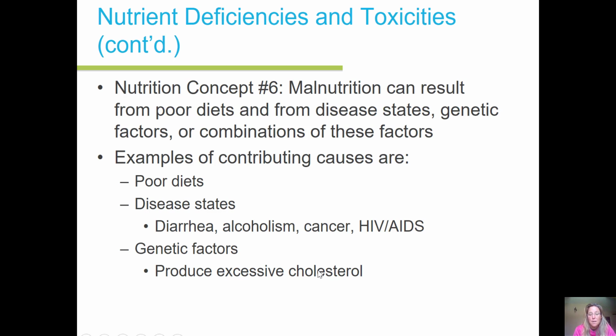Some folks have a strong family gene and they just have high cholesterol, and no matter what they do to try to combat it, they're always going to have that high cholesterol. So unfortunately, they might have to be on medication as a result. So malnutrition not only results from just a poor diet, but it can also result from these disease states, and it also can result from certain genetic factors as well.